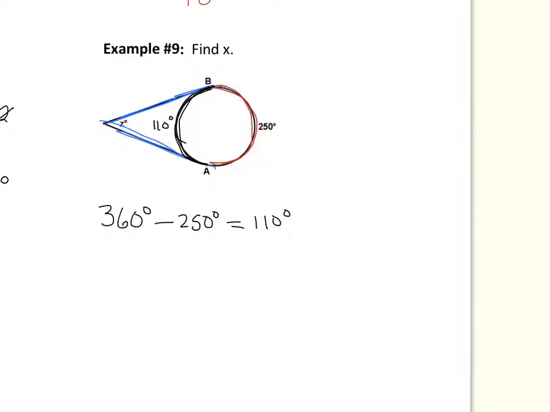So this arc is 110. And then again, our same theorem that says the angle formed between two tangents, two secants, or a secant and a tangent is going to be 250 minus 110 divided by 2. So our angle is going to be 140 divided by 2, which is going to be 70.